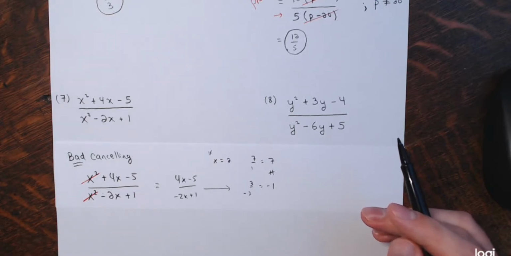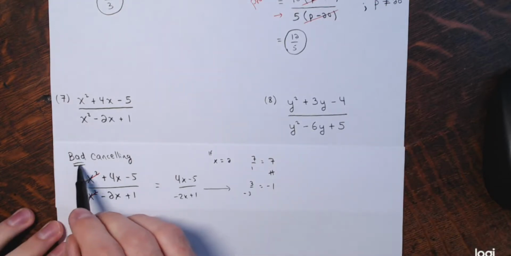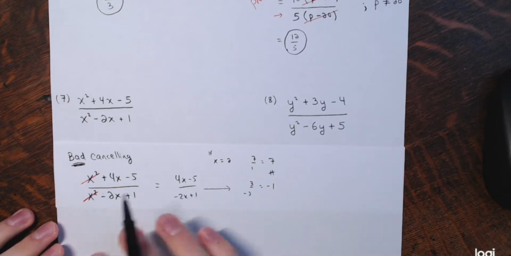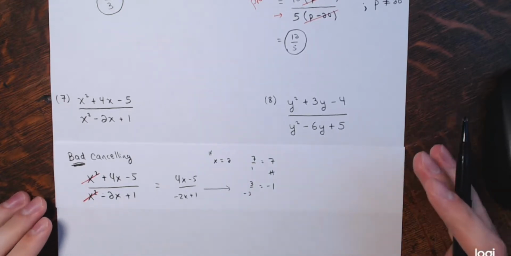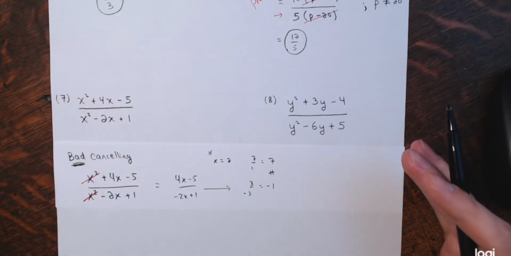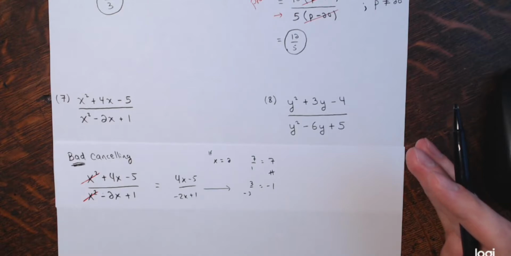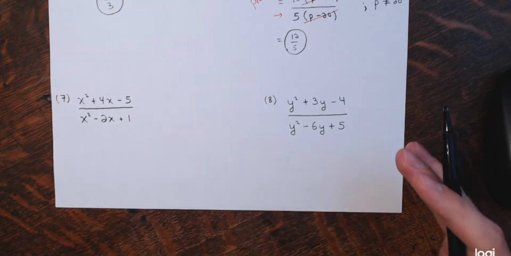You can't cancel common terms like this. So here's one where bad canceling was actually bad. You didn't get lucky and get the correct answer like in number 5 and 6. So please factor your numerator polynomial and denominator polynomial first, and then cancel common factors.